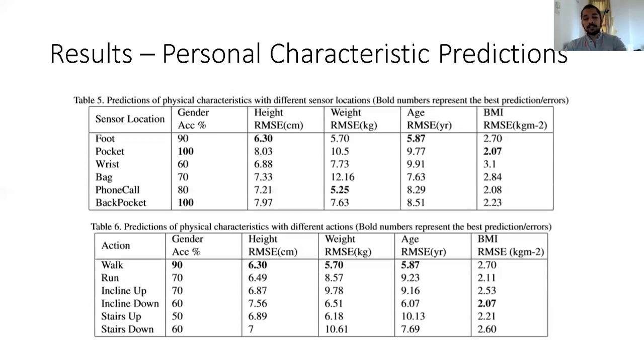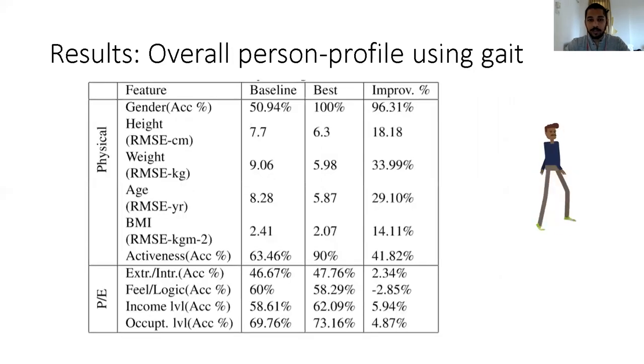So to get a better understanding of how well we are doing with the prediction of age, height, weight, and BMI, because of the RMSE values, we look at this summary table. Here we have both physical and socioeconomical characteristics.